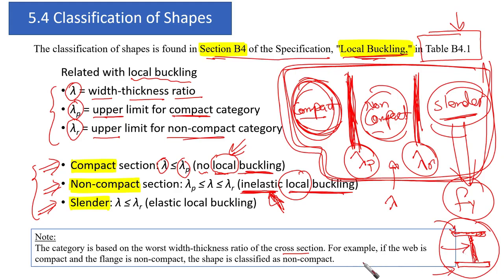This is the meaning of worst. For example, if the web is compact and the flange is non-compact, the shape is classified as non-compact.